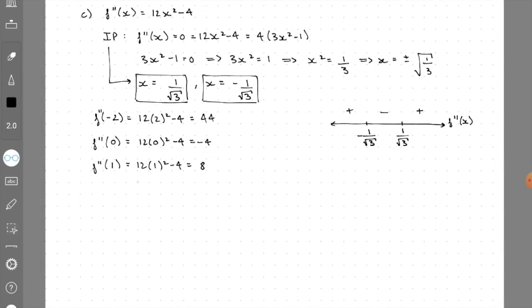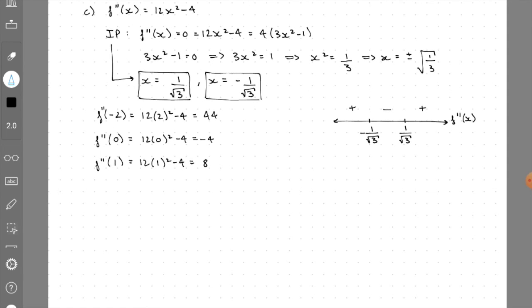Okay, so we can see here, they're asking when is it going to be concave up and when is it going to be concave down? Well, let's answer that question, right? It's going to be concave up from negative infinity to negative 1 over square root of 3, union, and then from 1 over square root of 3 to infinity.